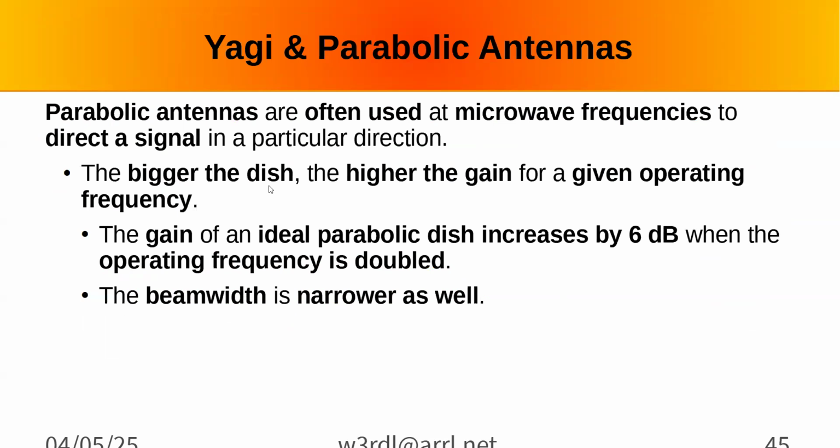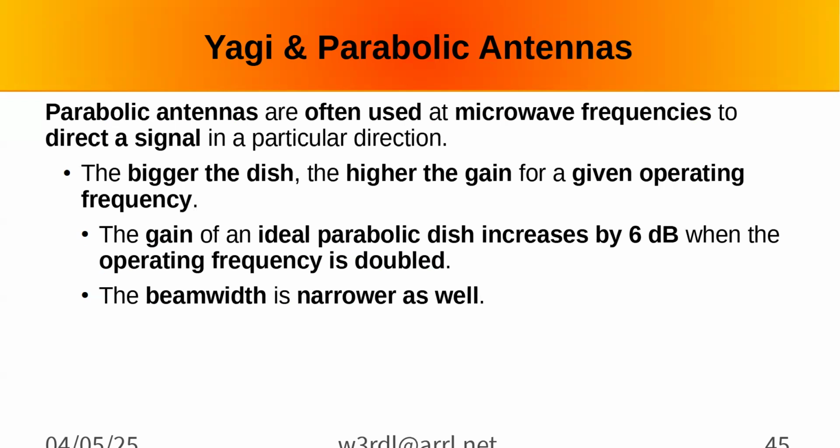Let's see. Parabolic antennas, typically when you get up to UHF, microwave, you get these dish or parabolic antennas. The larger the dish, the higher the gain for a particular frequency.